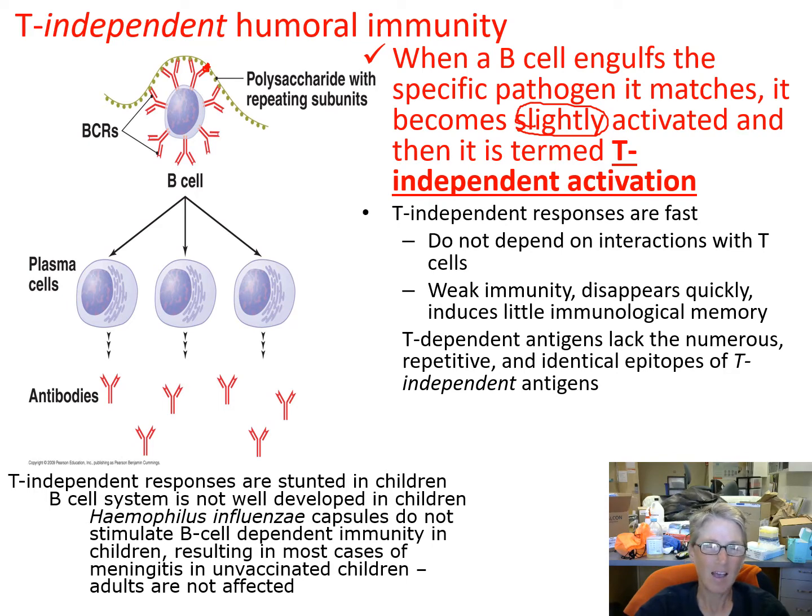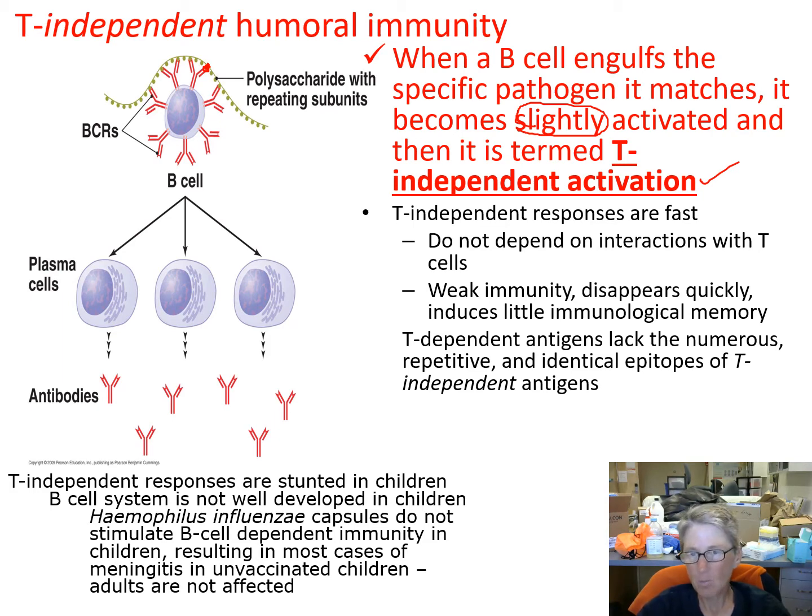So it's activated enough to make plasma cells and antibodies. You can also call this process T-independent activation. So these B cells are getting activated to form plasma cells without the help of a helper T cell.